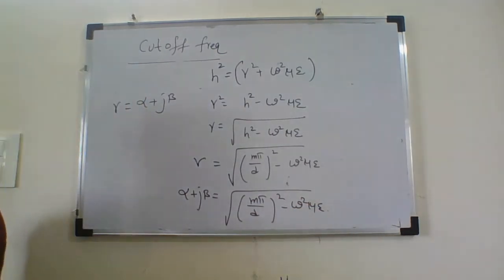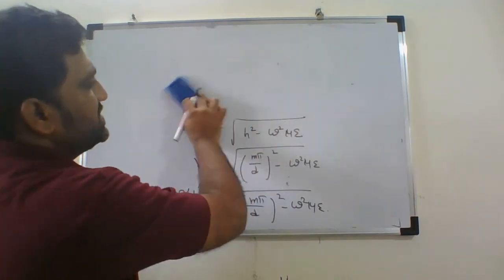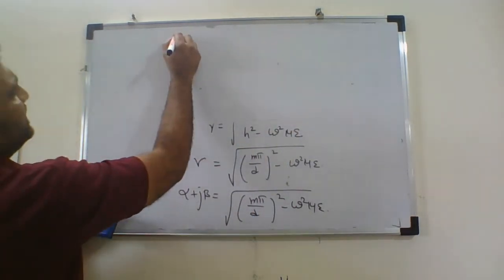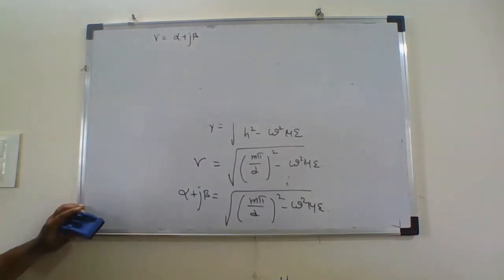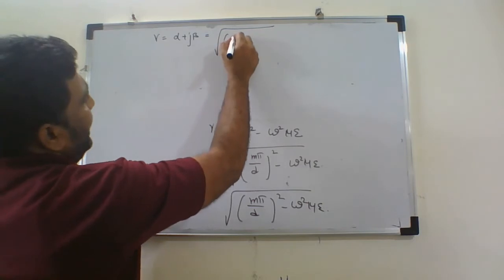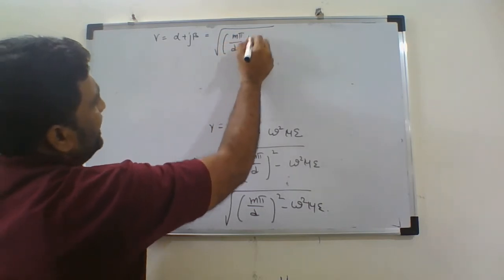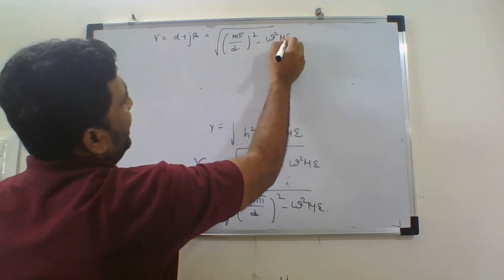Clear with this? Now from this, let us take this equation again. So gamma is equal to alpha plus j beta is equal to root of m pi by d whole square minus omega square mu epsilon.